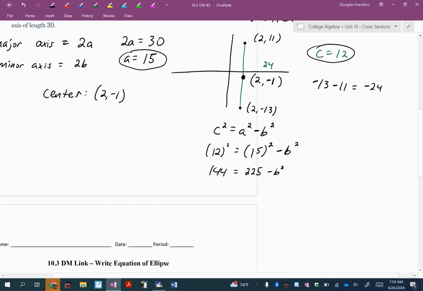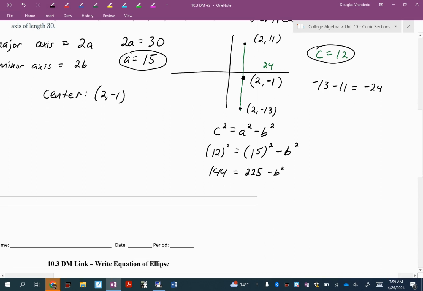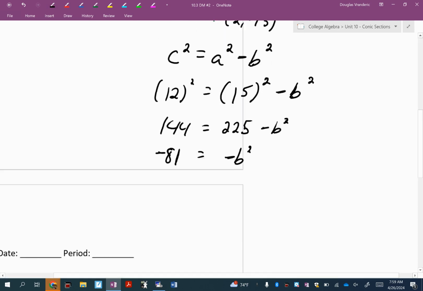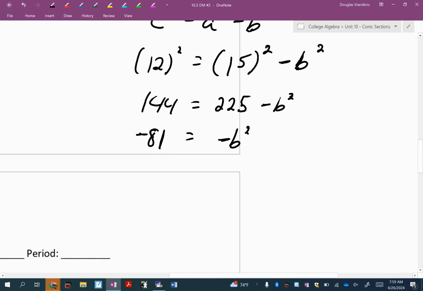So Donovan said 2? Thanks, Donovan. Now, if I move that over with subtraction, I get the opposite of B squared equals, what's 144 minus 225? -81. Do you see how they're both negatives there? So I can take those away to write B squared equals 81. So what is B? Nice, Natalia.